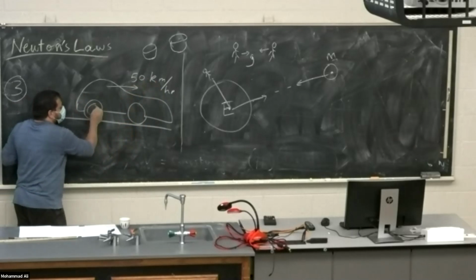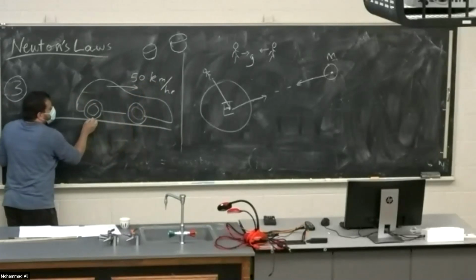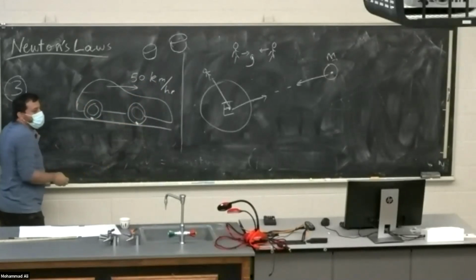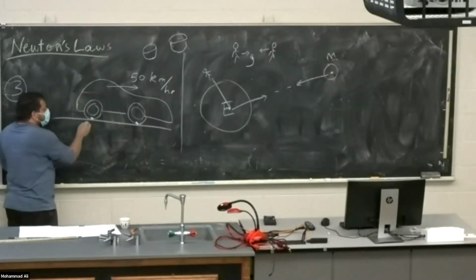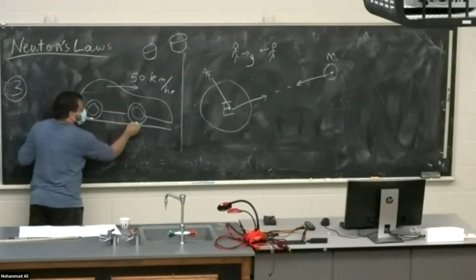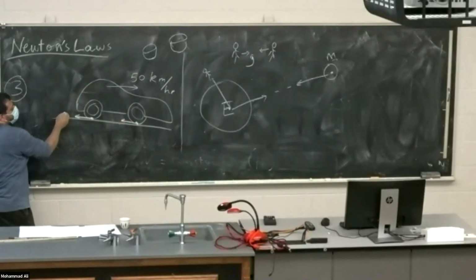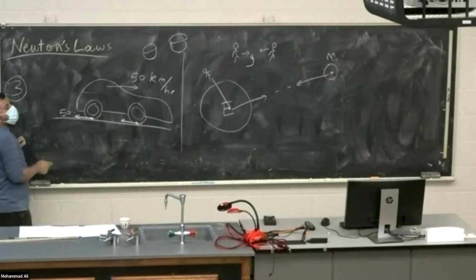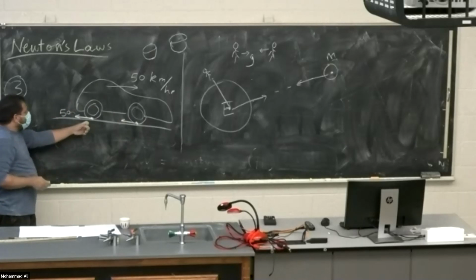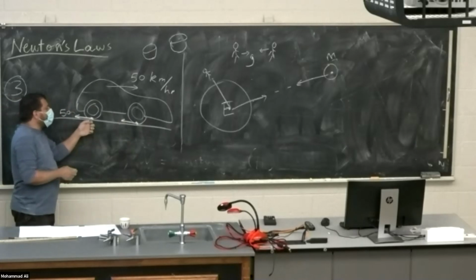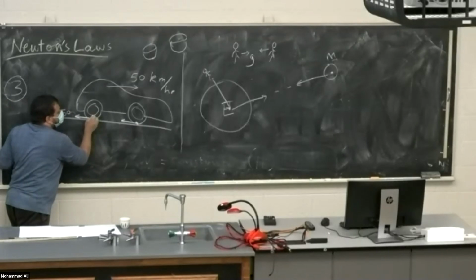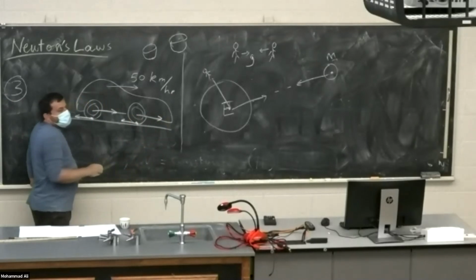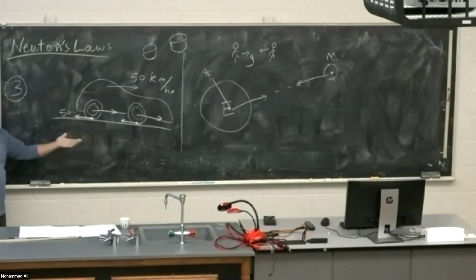The tires. The lowest part, the contacting part of the tire with the ground, is moving backward with the same velocity, 50 kilometers per hour. Because of that, it acts on the ground backward, and the ground acts on the body of the car forward. This is an action and reaction force.